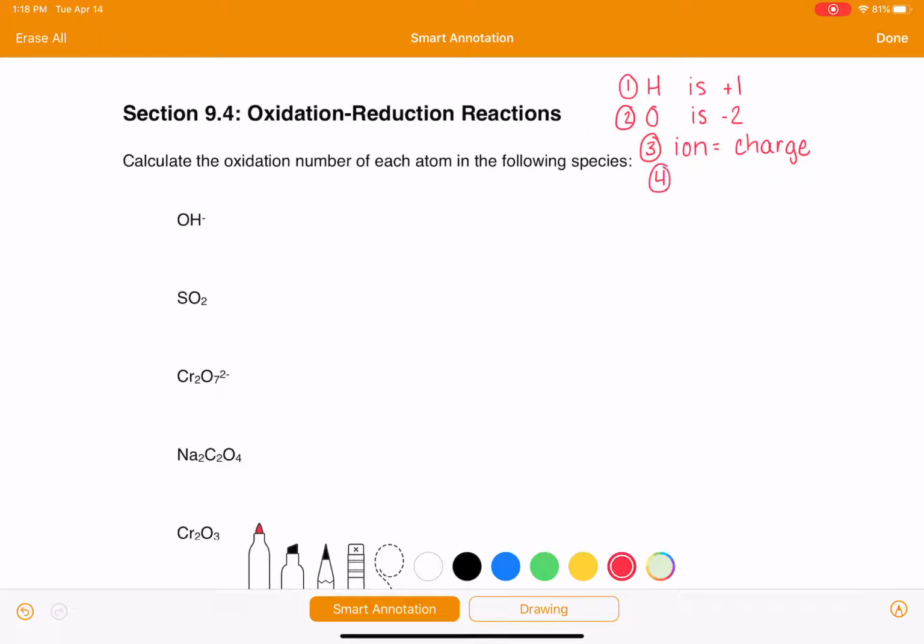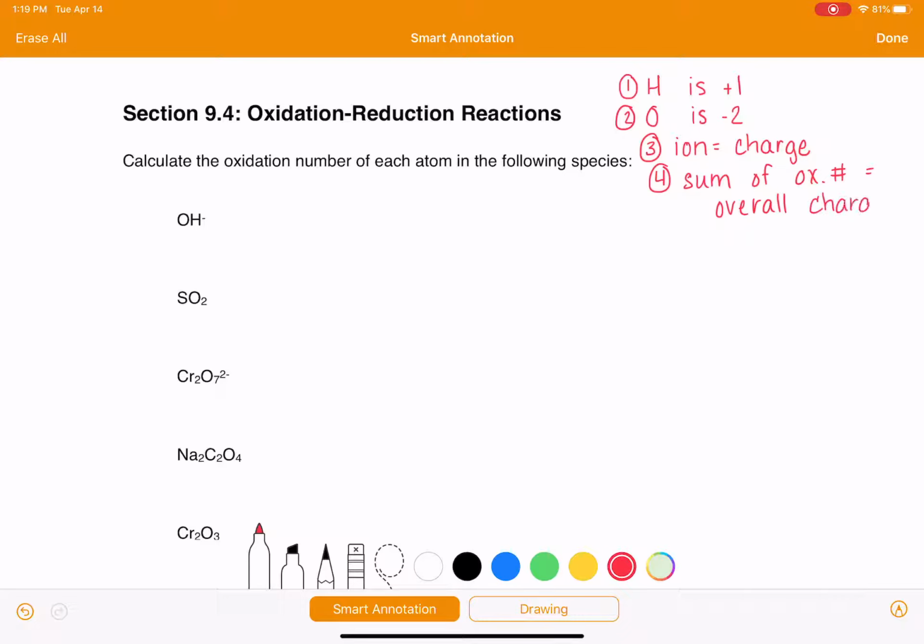And for anything, the sum of the oxidation numbers is equal to the overall charge.